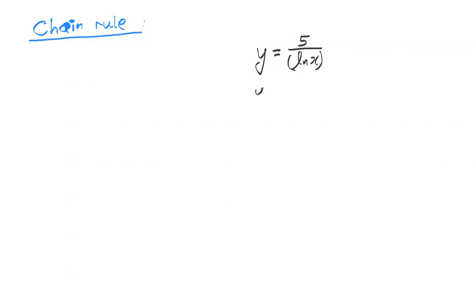So I got y equal to 5 times ln x, the whole thing to the power -1. So I cannot use any of the simple rules because the ln x, the whole thing is to the power -1, and it is not x to the power of something. So then I ask for chain rule.